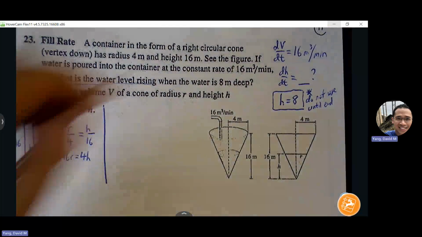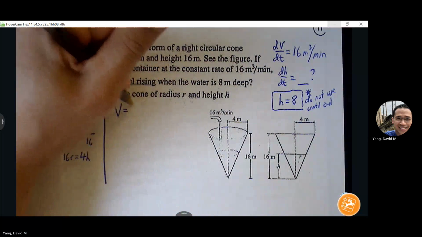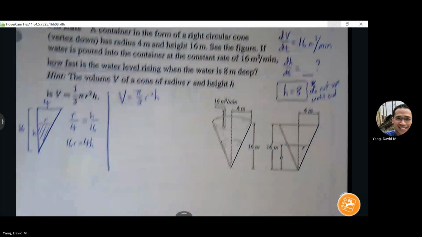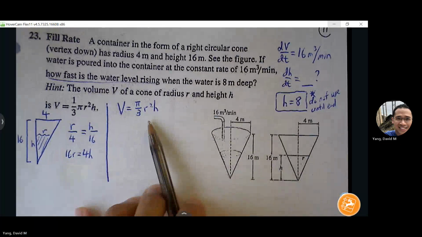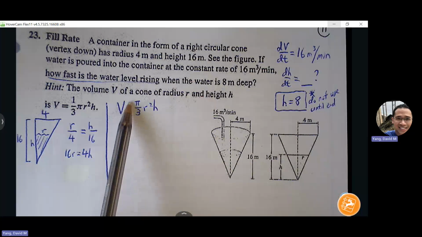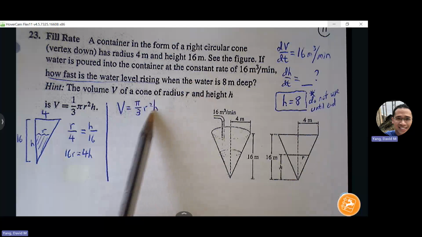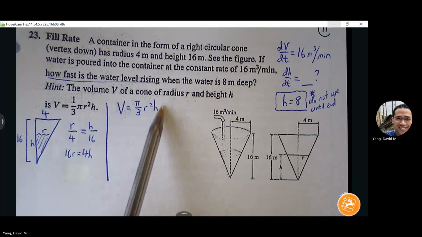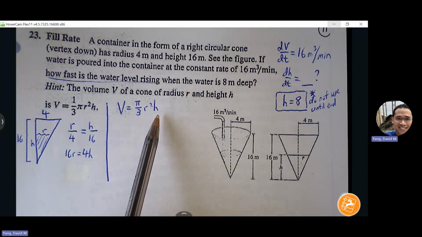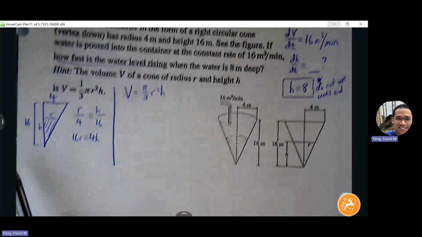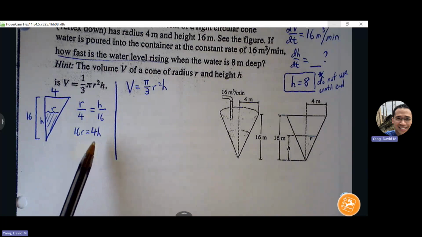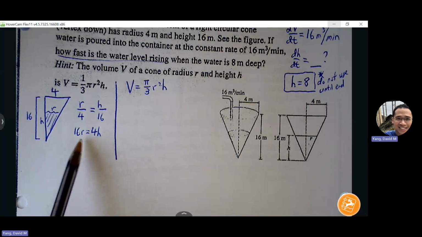Okay, let's explore the volume equation here. We're looking for dh/dt, so what variable do we want to keep? H, which means we want to get rid of the R. So which variable should we solve for so that we can get rid of the R? R. If we solve for R, then R equals H over 4, since R is 4H over 16.